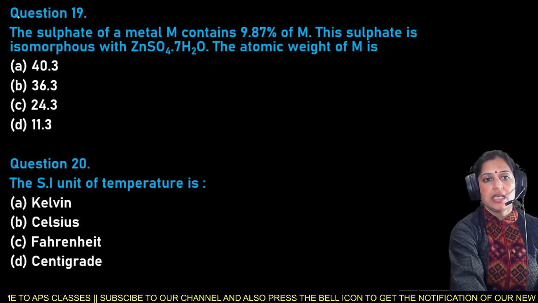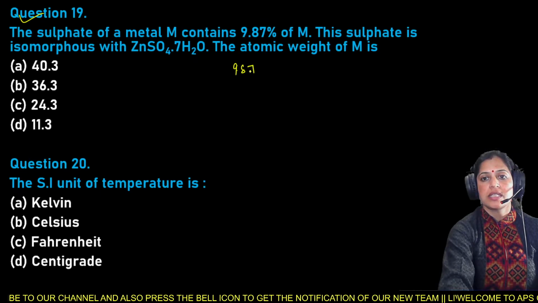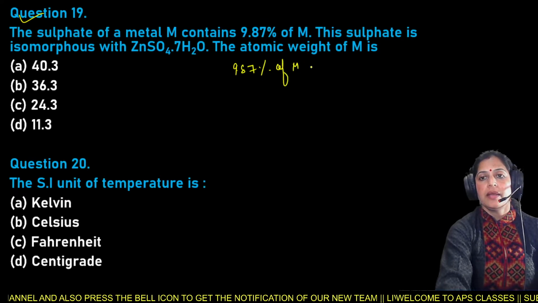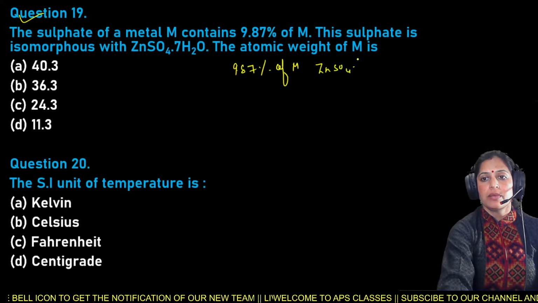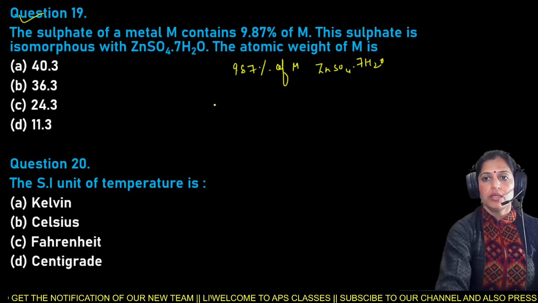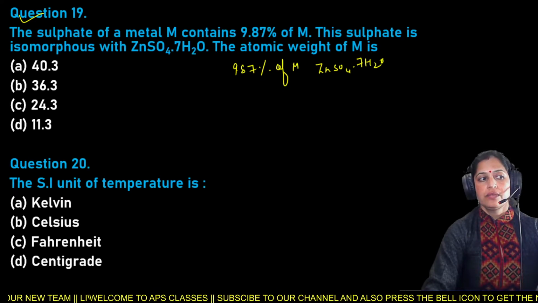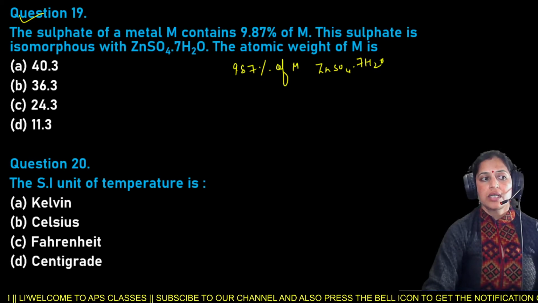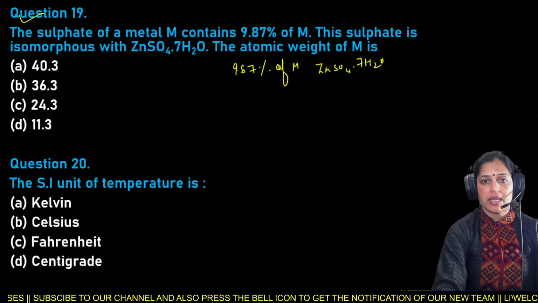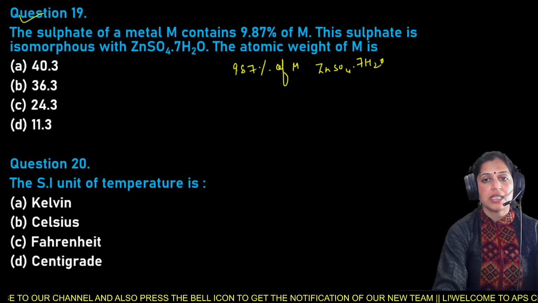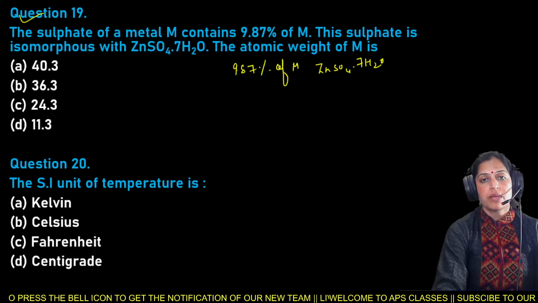Next is question number 19. The sulfate of metal M contains 9.87% of M. This sulfate is isomorphous with zinc sulfate multiplied by 7 molecules of water.